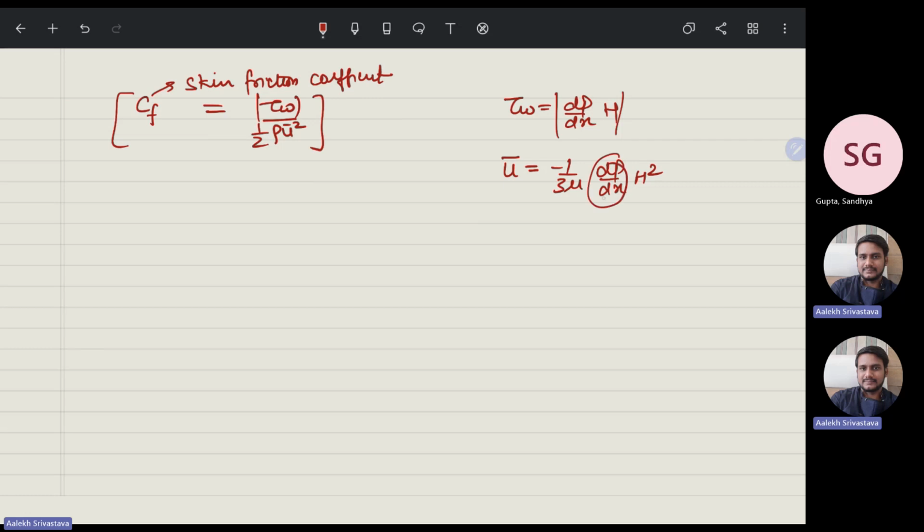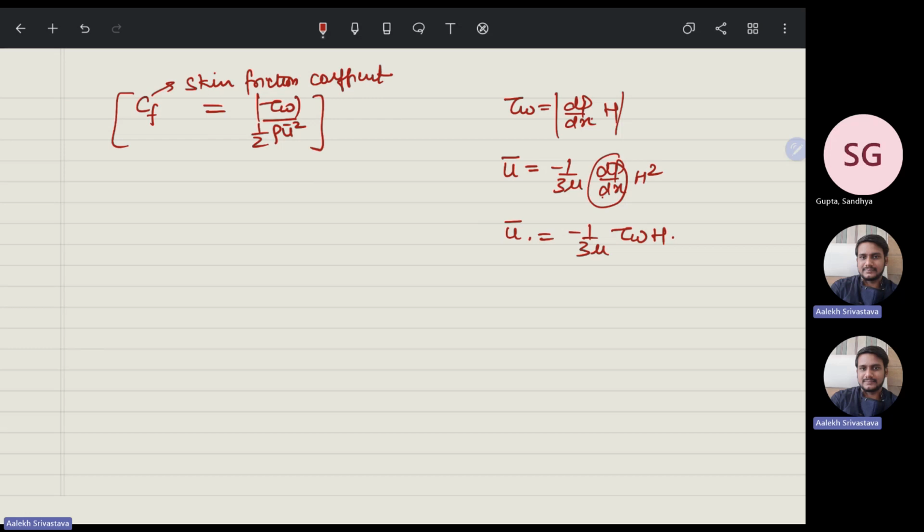Now you can substitute dp by dx from here and you will get tau wall in terms of u bar. So dp by dx into h is equal to minus 1 by 3 mu tau wall into h. Sorry, u bar equal to.